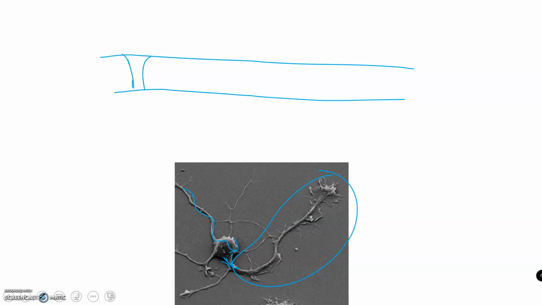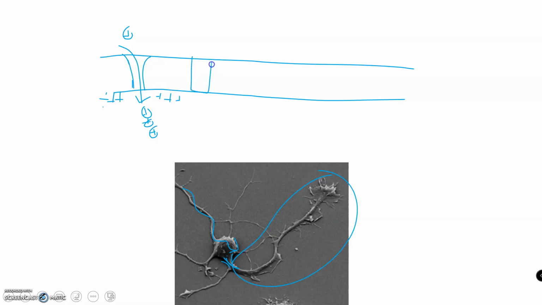Because that potential hit this side and it flipped the charge over here so that we became positive to the inside, that flipping of the charge automatically opens this gate and it allows more positive sodium ions to flood in this spot, bringing their positive charge in, flipping here.